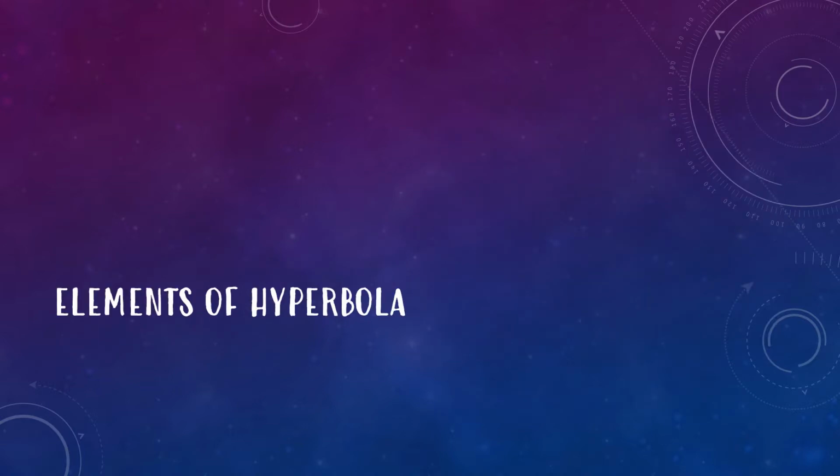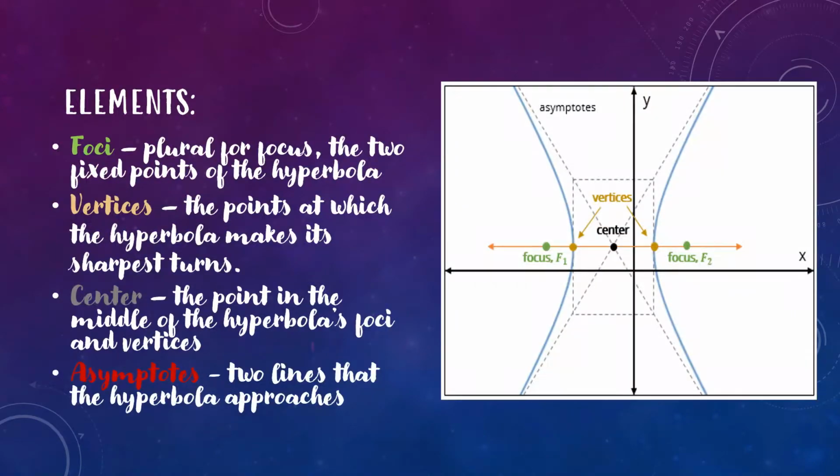Next, we have the elements of hyperbola. The first element, of course, we have the foci, plural for focus, the two fixed points of the hyperbola. Makita niyo sa example graph, sa right side we have focus F sub 1 and focus F sub 2. Kanang green nga points, mao na ang atong foci. Next, we also have vertices, the points at which the hyperbola makes its sharpest turn.